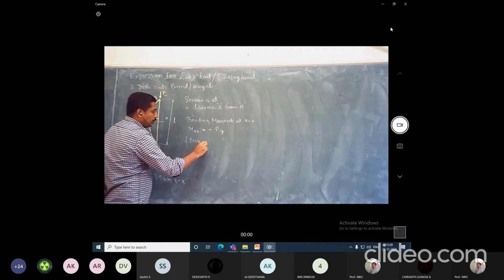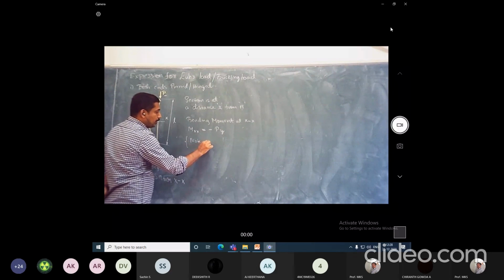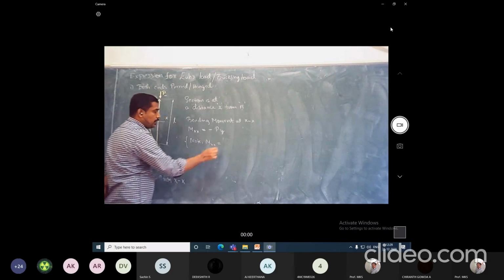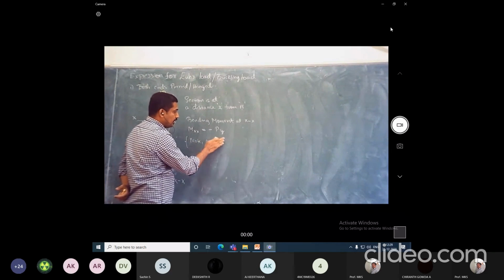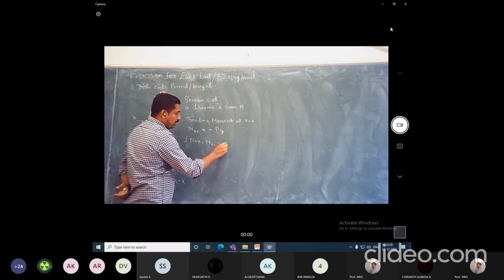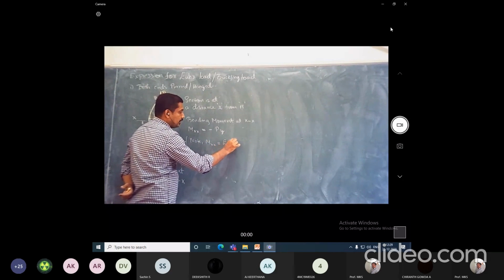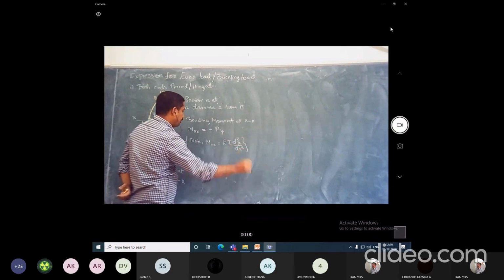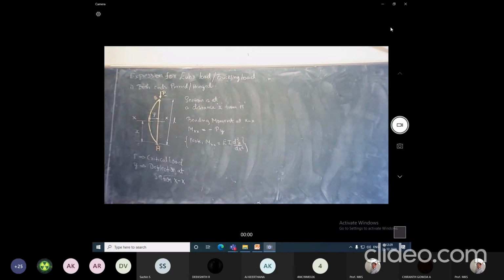The bending moment along any section is given by, just remember this, it is there in deflection of beams, Mxx equals EI d square y by dx square.